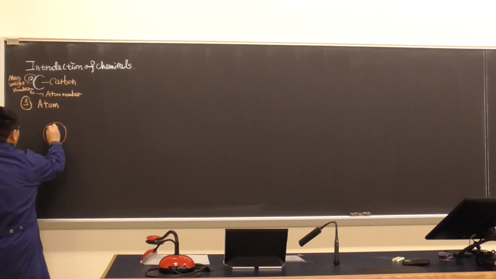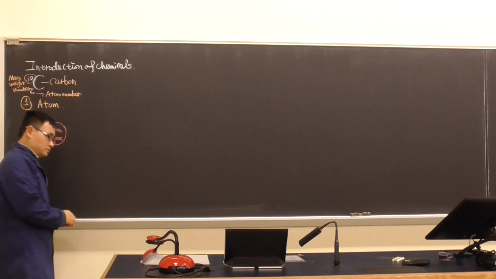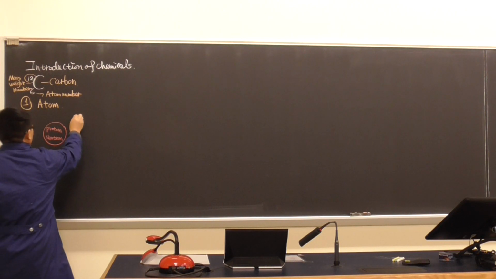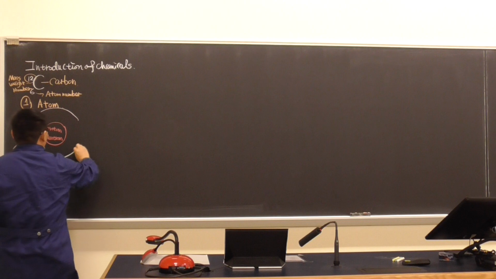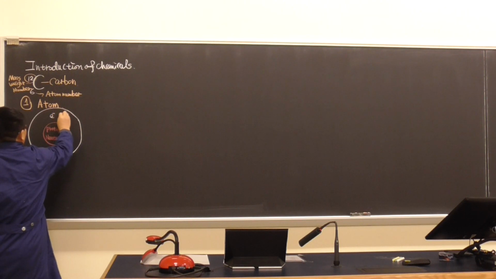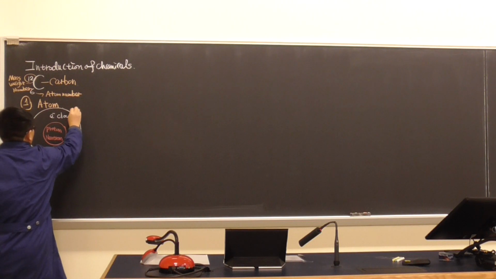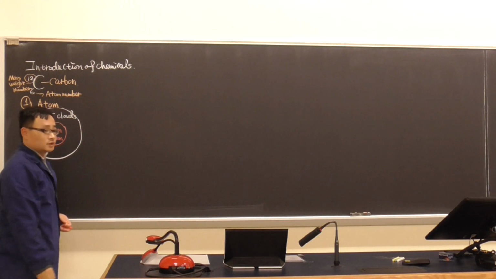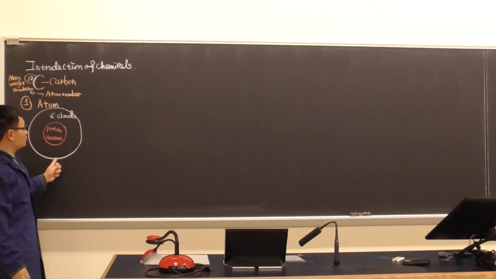The center is composed of protons, P-R-O-T-O-N, and neutrons, N-E-U-T-R-O-N. They are surrounded by what? A very heavy cloud. This is called the electron cloud. This is the basic structure of an atom.